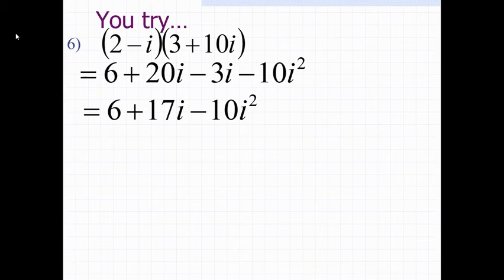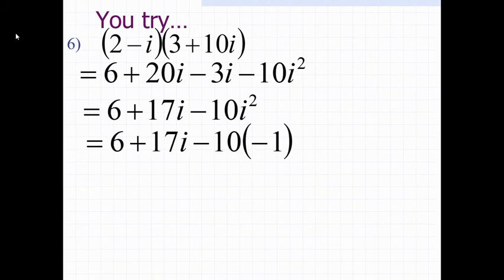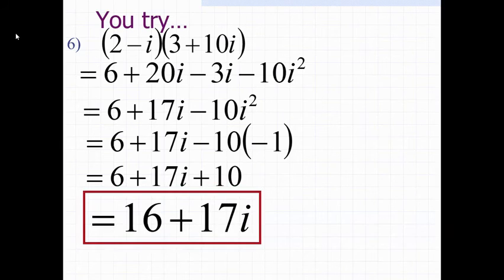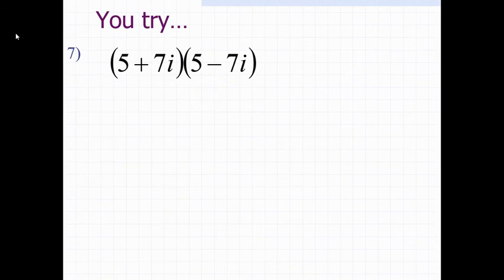Add 6 minus 10i squared, that i squared is negative 1. Then the negative 10 and the negative 1 become positive 10. We have to combine our numbers, and we get 16 plus 17i. Okay, go ahead and you try this one.